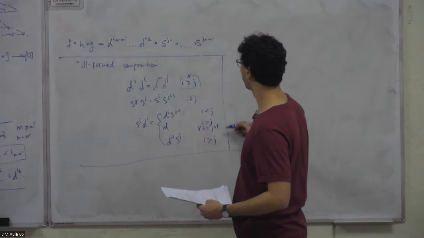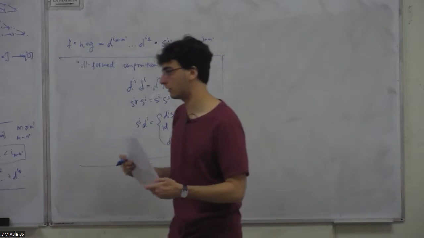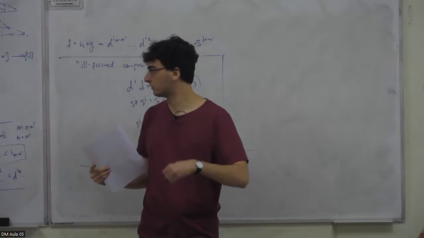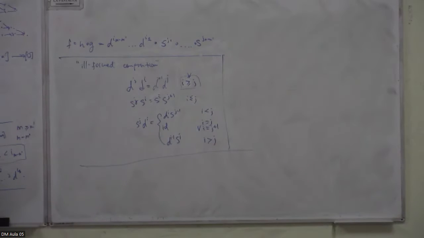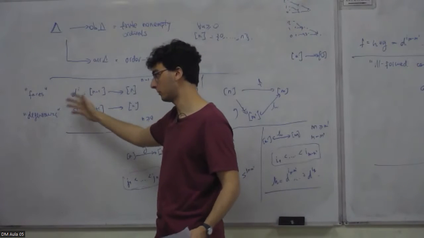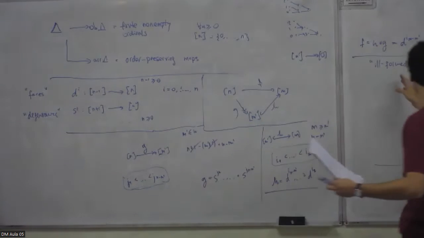Well, so once you have these relations, you can say, and this can be stated in a precise and rigorous fashion, that this is actually the free category with these objects and these morphisms, which are only names now, subject to these relations.